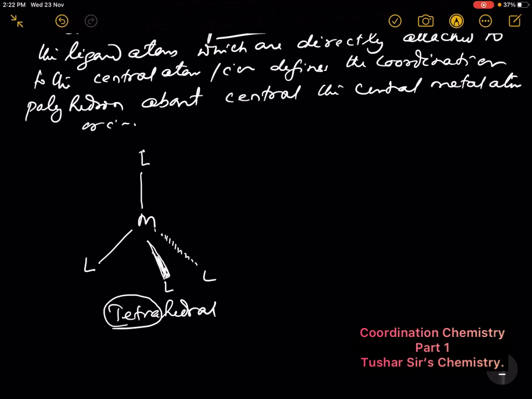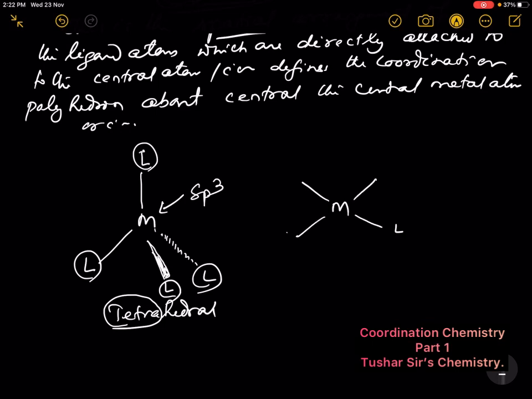Then similarly 4 ligands are bonded to the central atom in this fashion, and this is square planar, and here the hybridization of the central metal atom is dsp2.